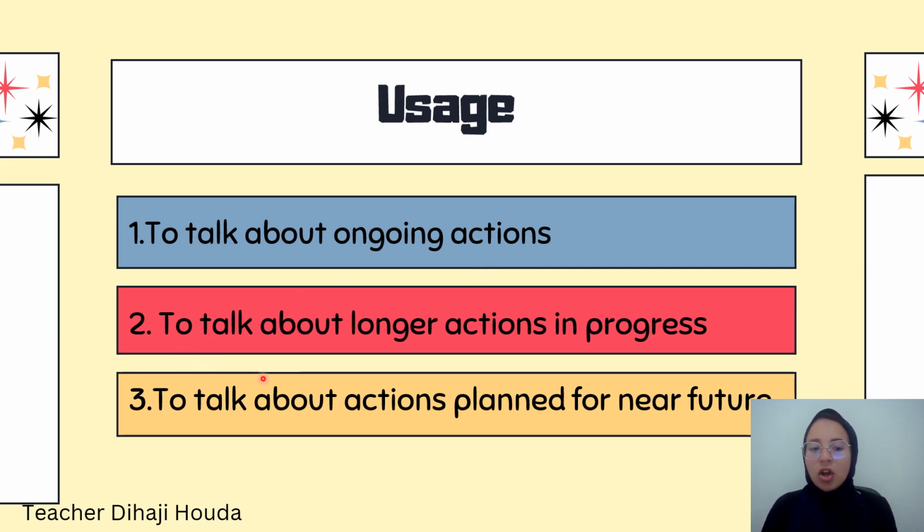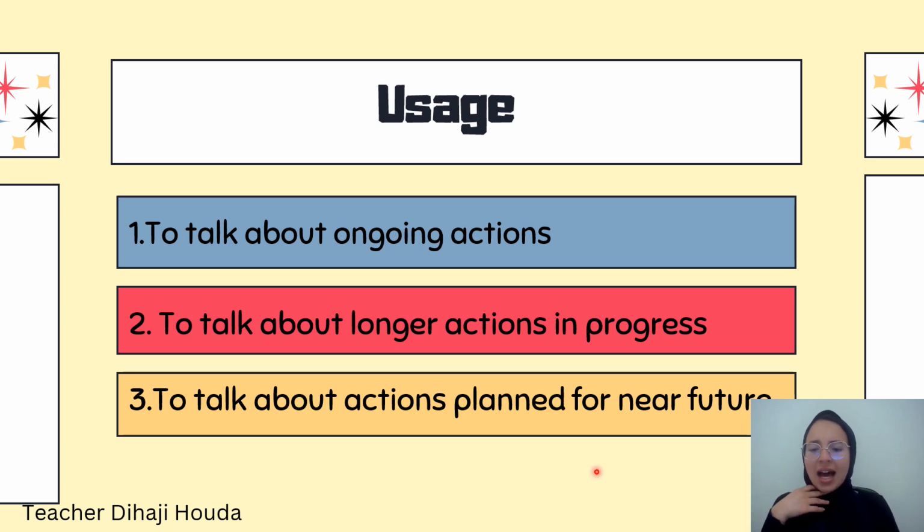Number two is to talk about longer actions in progress. For example, things that are developing, things that are in progress, things that happen over a long period of time. We see that in examples, of course. And the last thing is when we want to talk about actions planned for the near future. How?